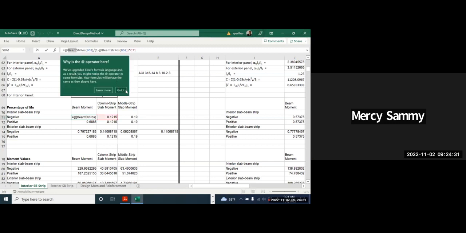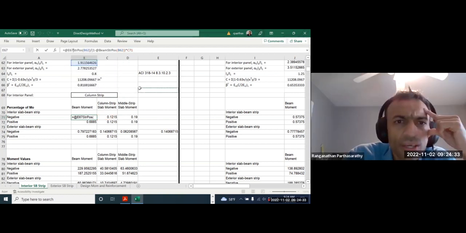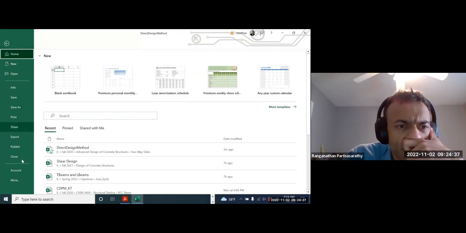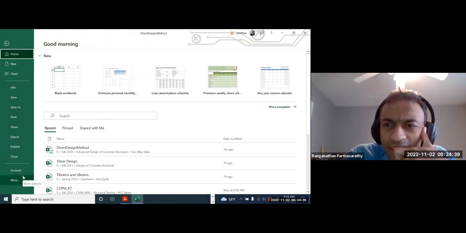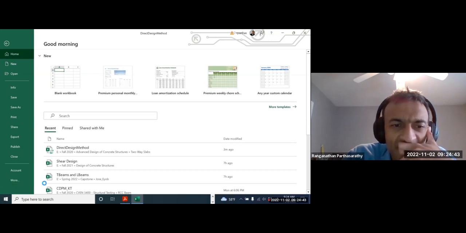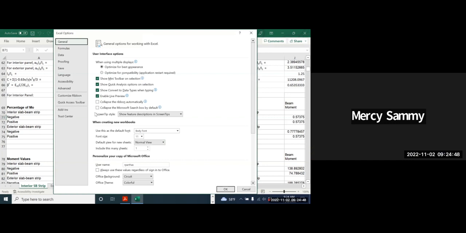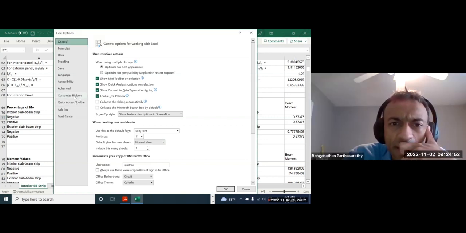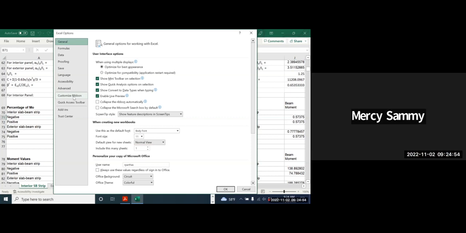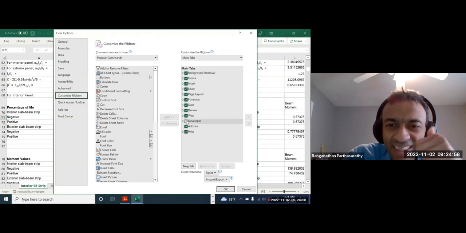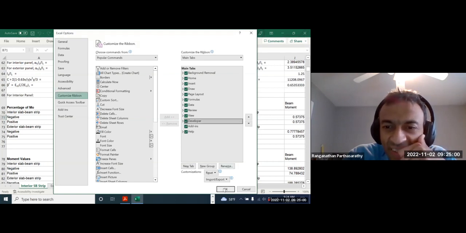Go to File, Options, then Customize Ribbon, and check Developer. Okay. Thank you.